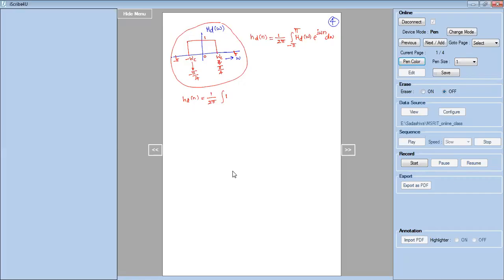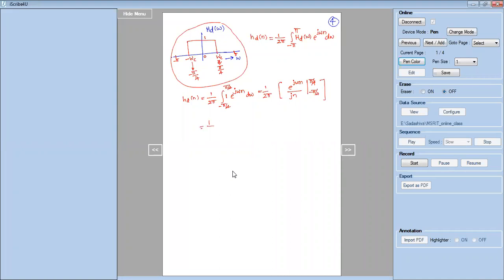So 1 is multiplied with e to the power of j omega n, integrated with respect to omega between minus pi by 4 and pi by 4. So this will be 1 by 2 pi, e to the power of j omega n divided by j n between the limits minus pi by 4 to pi by 4.